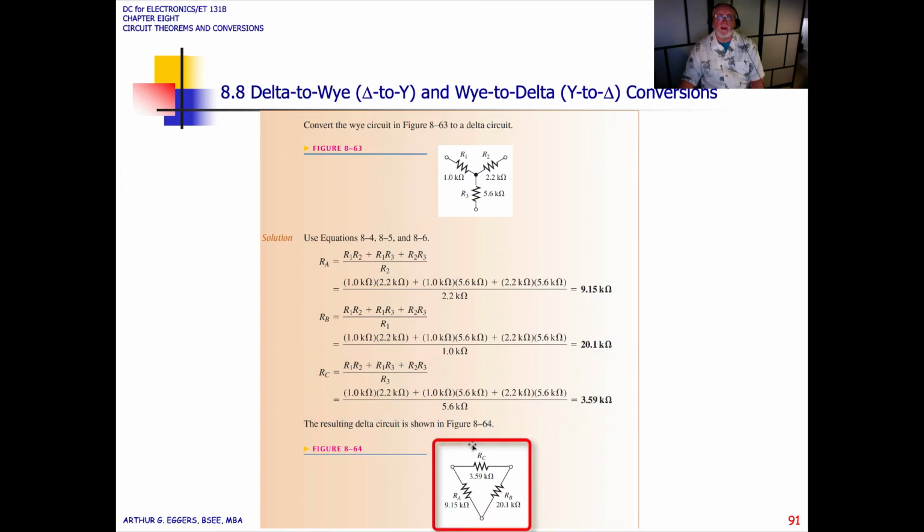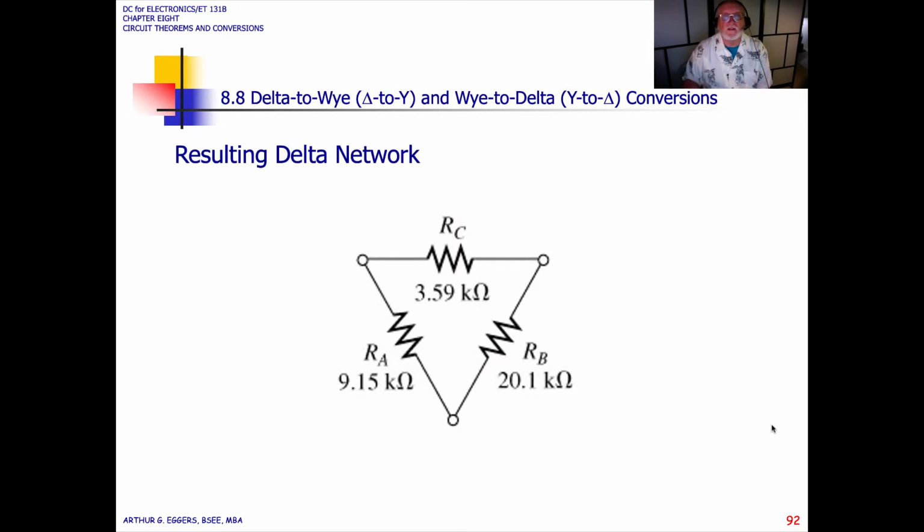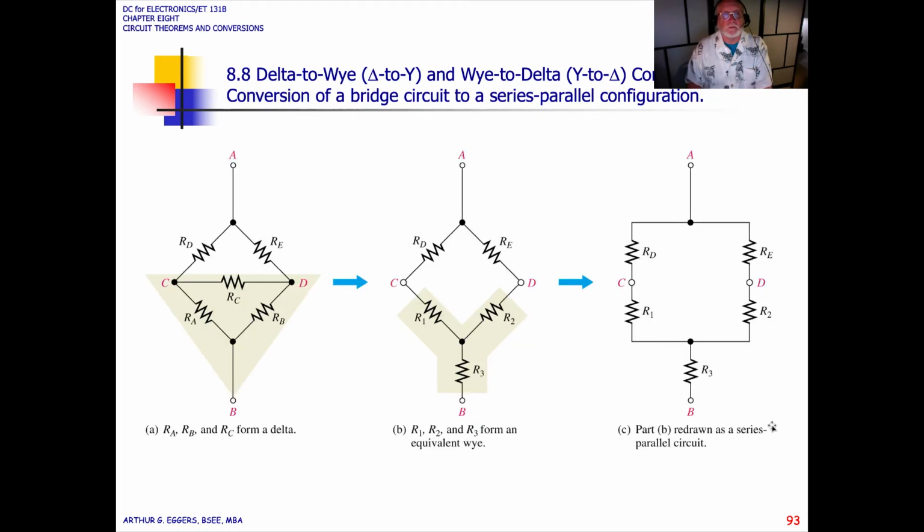And so the conversion then looks like this, back to a delta, where we have RA, RB, and RC with the values that we just solved for. Like I said, it's not difficult. Going from Y to delta has a few more steps in the math, but nothing difficult to do.